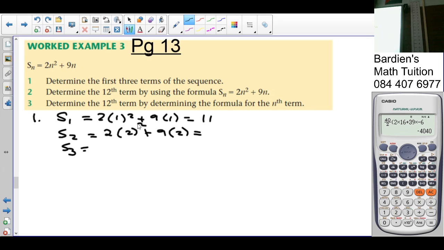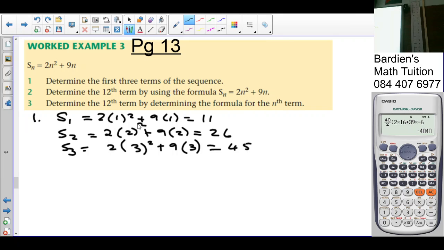It's going to be 8 plus 18 is 26. The next one is going to be 2 times 3 squared plus 9 times 3. So it's going to be 18 plus 27, 45.